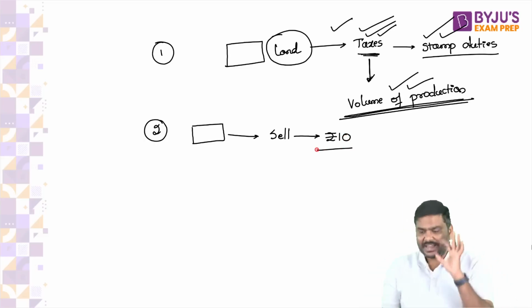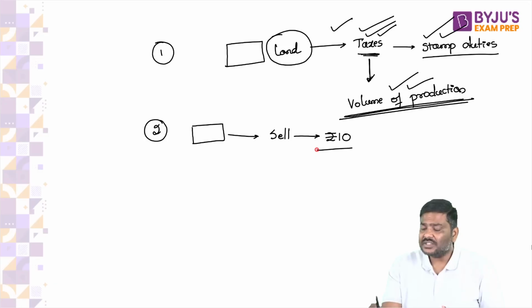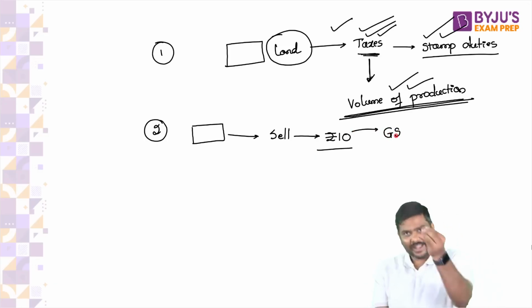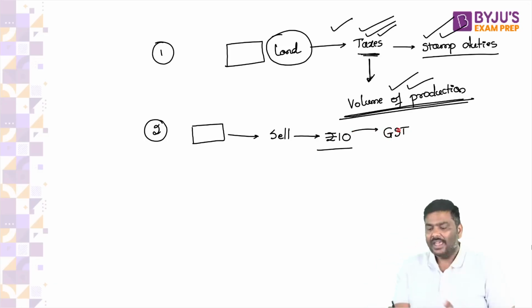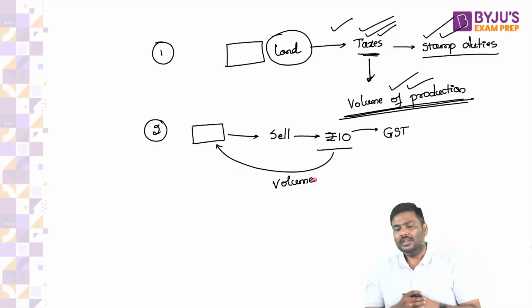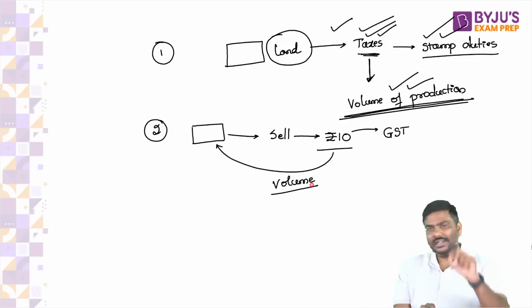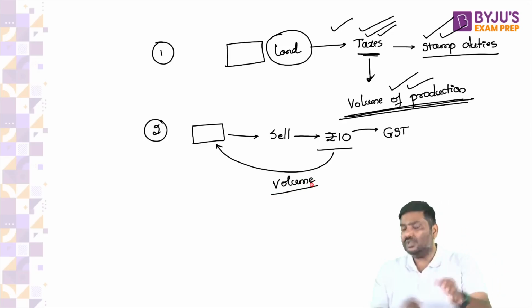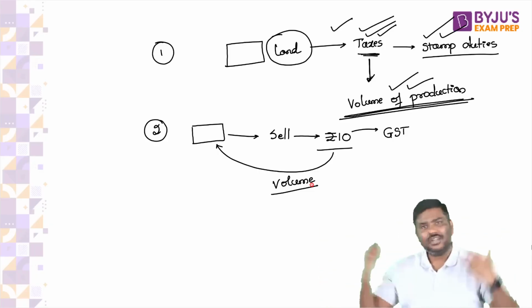Now, please tell me, this tax of 10 rupees, example GST, can I say it is directly connected to the volume of production that you're doing? Please do let me know. In this second example, the tax that government is imposing and collecting, is it related to the quantity or volume of production that you're doing?